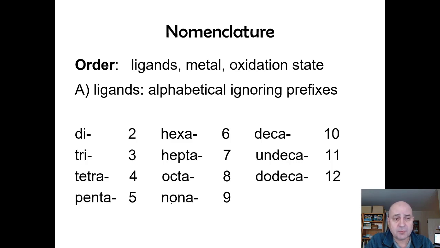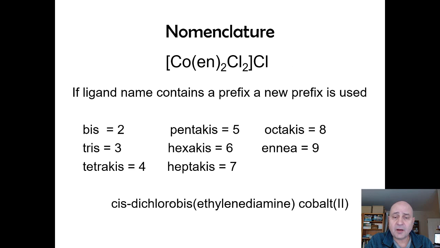They're standard. And if your ligand is there twice and it has a prefix in the name, such as ethylenediamine here, so there's already a prefix used in the name, we use different prefixes to indicate that there are multiple of them.